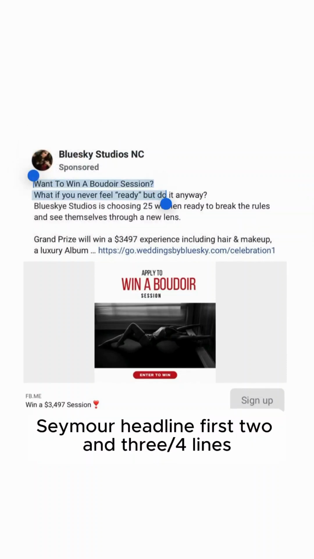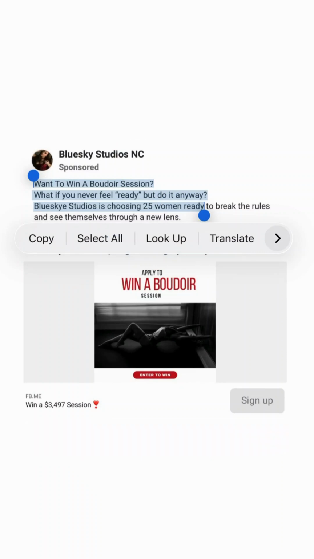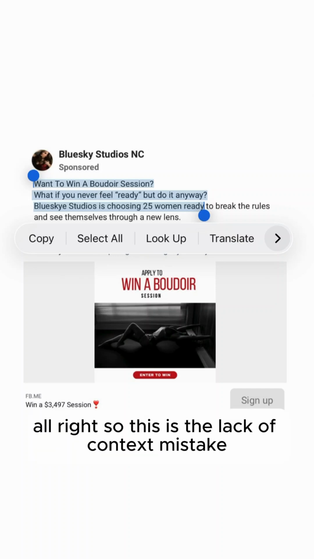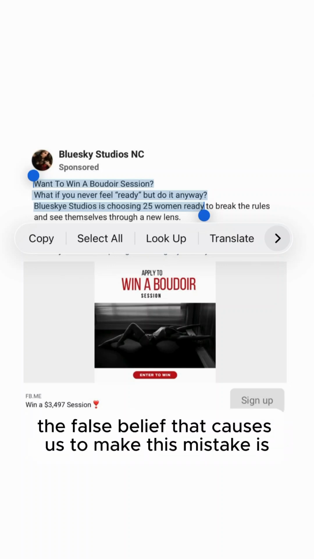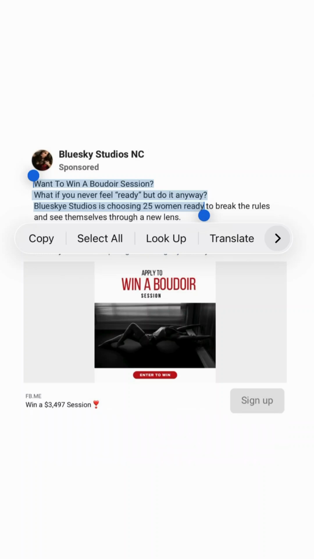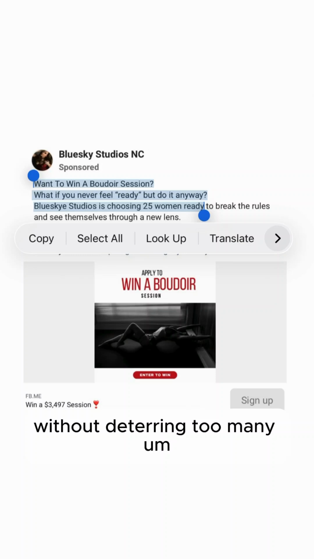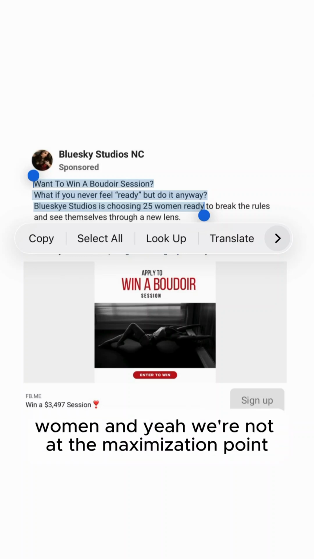Finally, let's look at the Seymour headline. First 2 3/4 lines, Facebook mobile newsfeed. Boudoir session. All right, so this is the lack of context mistake. The false belief that caused us to make this mistake is we believe we provide enough context to have more of the right women, or to maximize the number of women clicking into our ad without deterring too many women. And yeah, we're not at the maximization point.